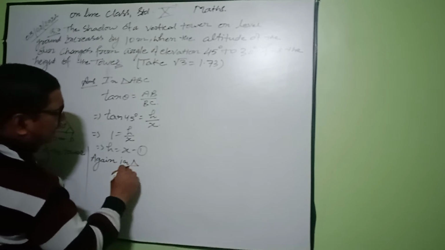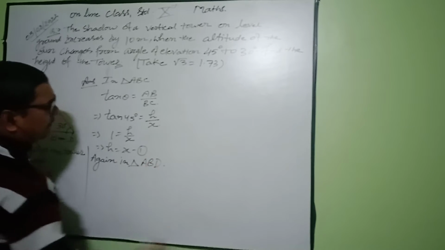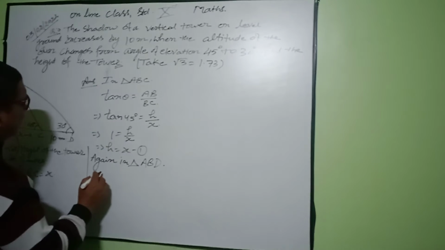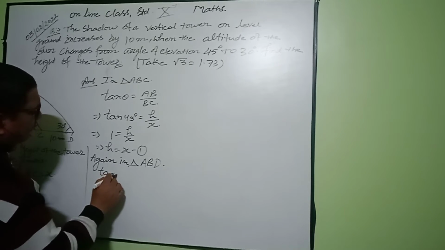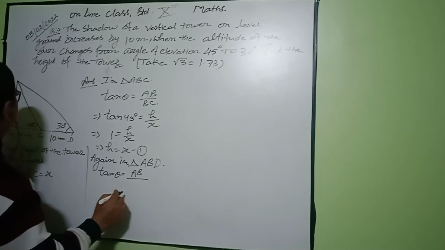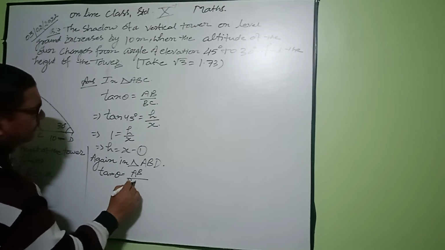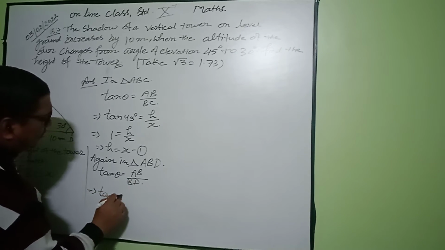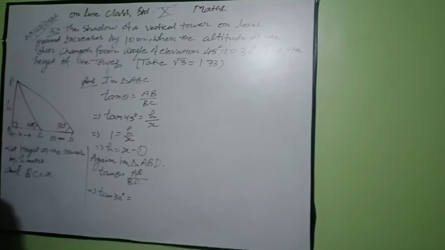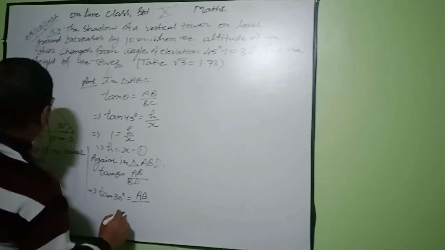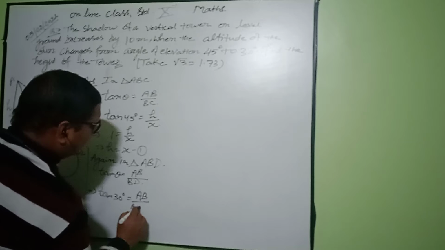Again in triangle ABD, tan theta equal to AB by BD, which is BC plus CD. Then tan 30 degree equal to AB by BC plus CD.